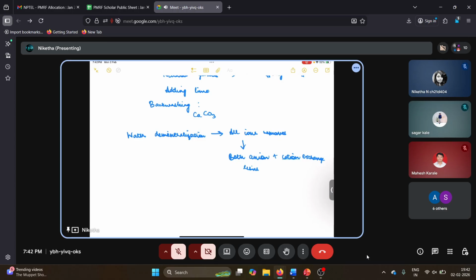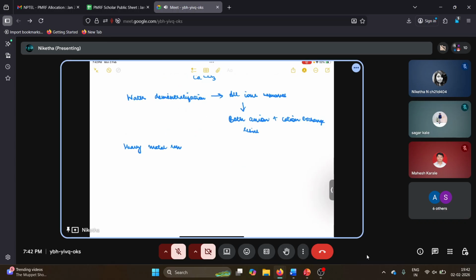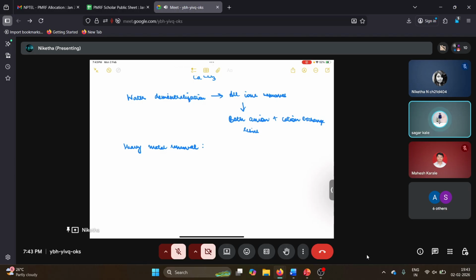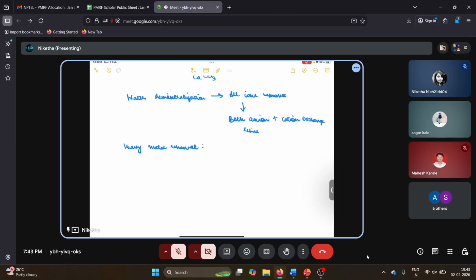And then we'll come to heavy metal removal. Why should we remove heavy metals? It can block the membrane. That's why we have to remove heavy metals. Any other answers?